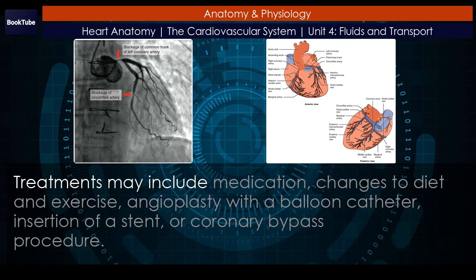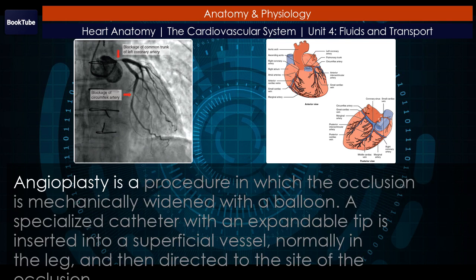Treatments may include medication, changes to diet and exercise, angioplasty with a balloon catheter, insertion of a stent, or coronary bypass procedure. Angioplasty is a procedure in which the occlusion is mechanically widened with a balloon.